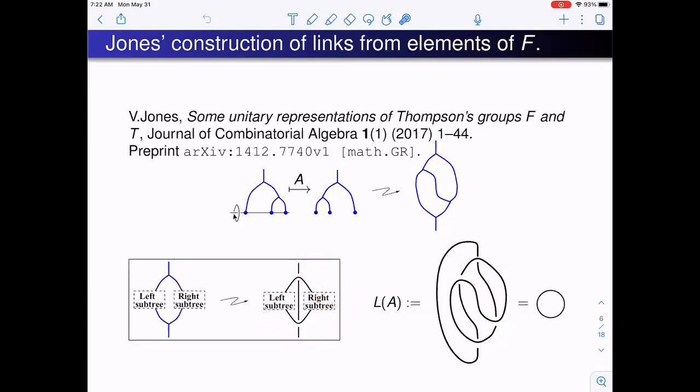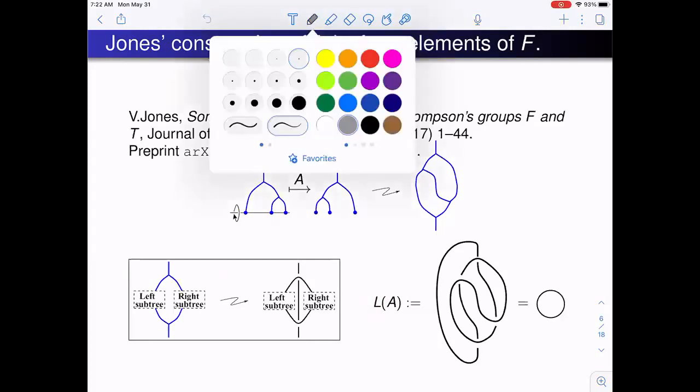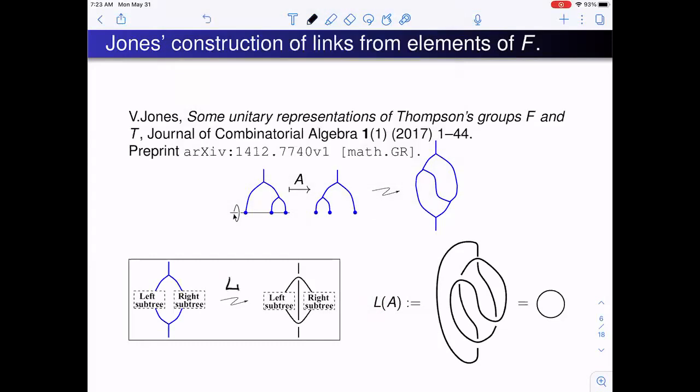So moving it is like moving over itself, which does nothing. However, for that link, that is the procedure for constructing the link. So that is L. This construction of a link, for this element, produces a trivial knot like that.